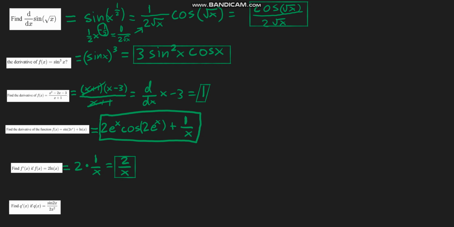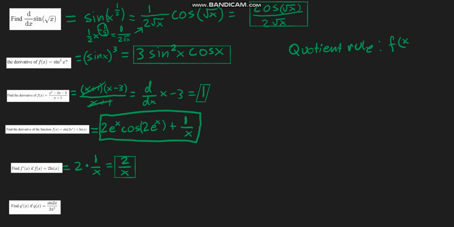Lastly, we have sine 2x over 2x squared. So for this one, you'll actually have to use a quotient rule. And if you don't remember the quotient rule, it goes as so.